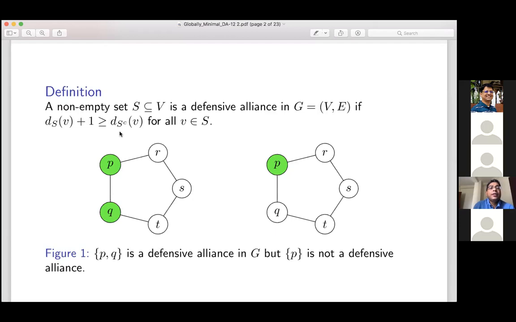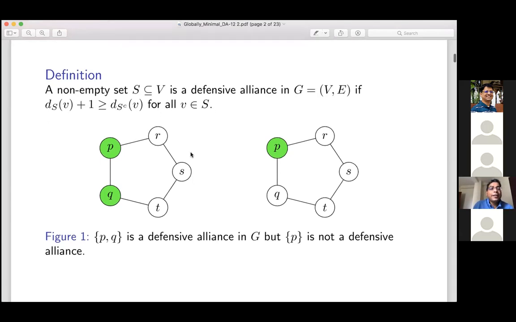This number is greater than or equal to the degree of the vertex outside S. That means every vertex in S has the number of neighbors of vertex V in S, including itself, more than or equal to the number of neighbors it has outside S. So then, if this is true, then the vertex is called protected, and if this is true for every vertex in S, then S is called a defensive alliance.